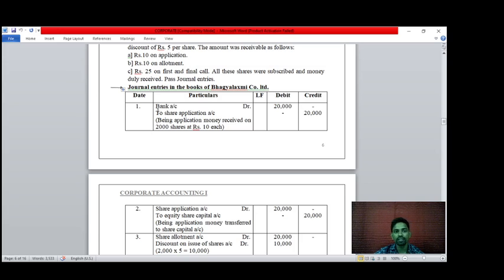Next is rupees 10 on allotment. Here a 5 rupees concession is given. Actually it should be 15, but 10 is called because 5 rupees discount is given.